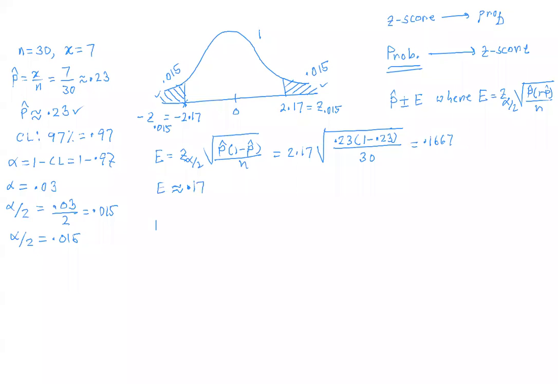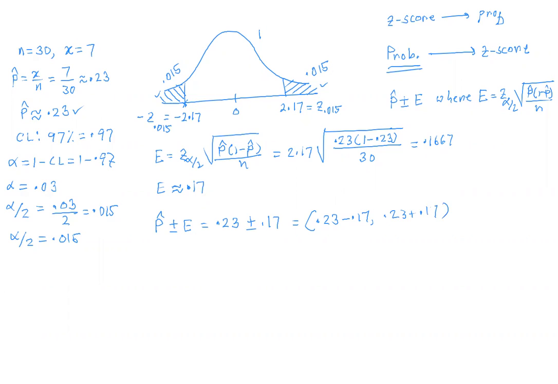So your confidence interval is going to be P hat plus or minus E. P hat is 0.23 plus or minus the margin of error 0.17, right? So that's going to give you 0.23 minus 0.17, comma 0.23 plus 0.17.